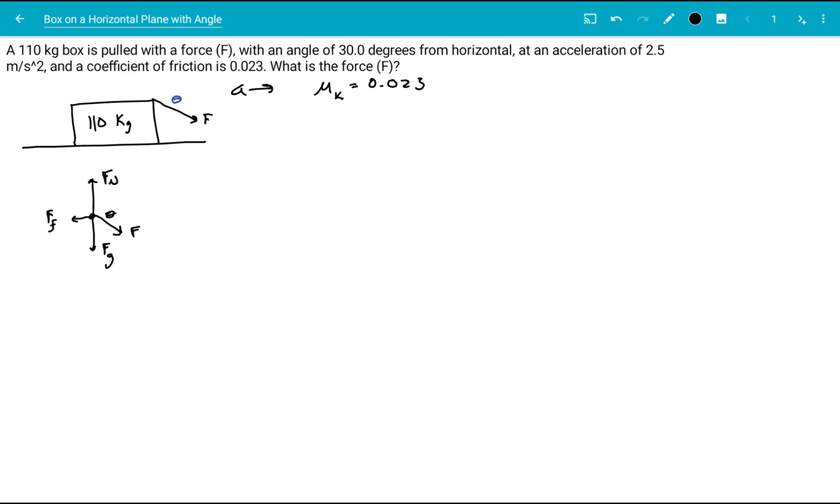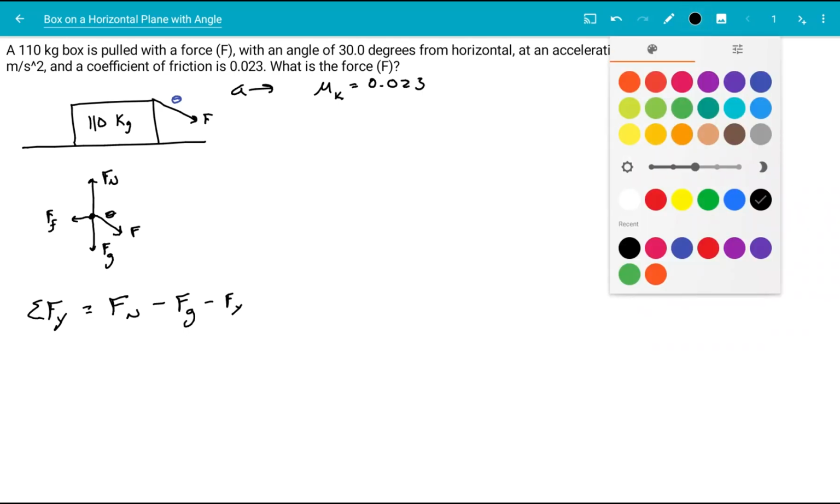Okay, so I like to tackle first the y component, the net force in the y direction. So our net force in the y is equal to Fn minus Fg. Whoops, there is a minus Fy. Let me show you what I mean.